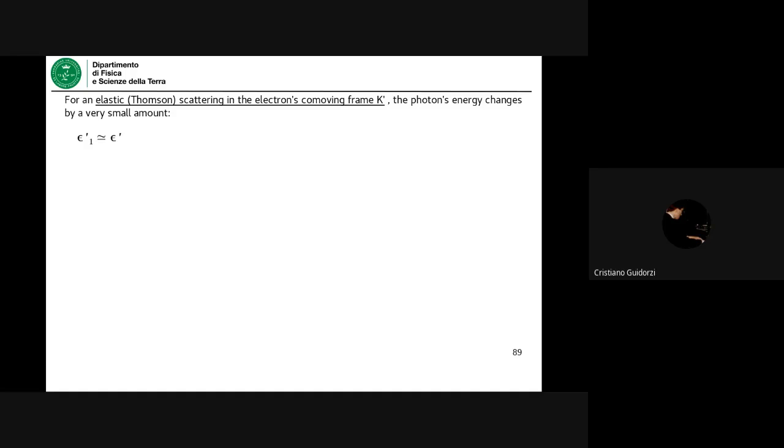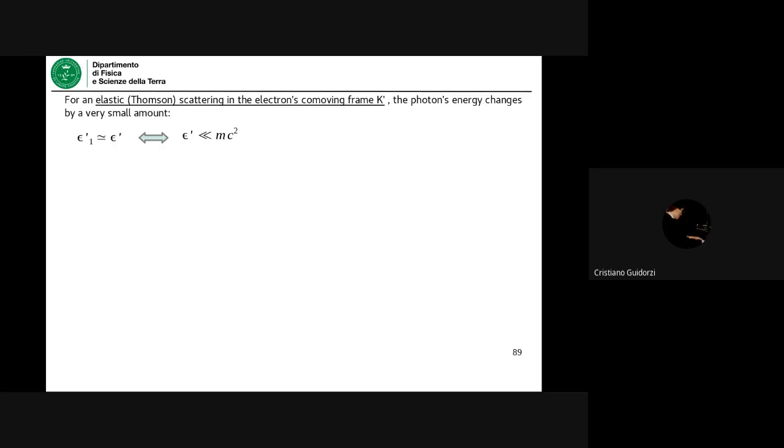So it means that epsilon 1 prime is approximately equal to epsilon prime. That's the assumption that we make, and we will see the consequences of this assumption. So we focus on the case in which the scattering in the comoving frame is essentially a Thomson scattering.